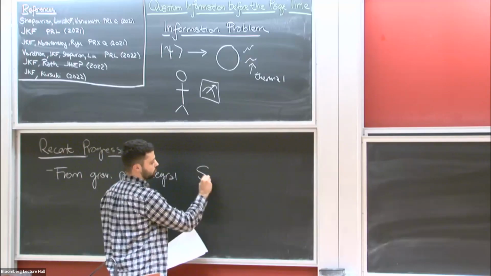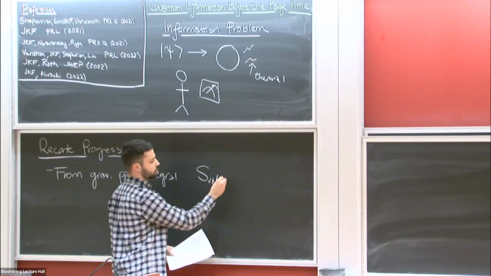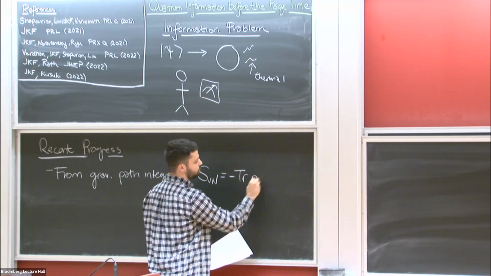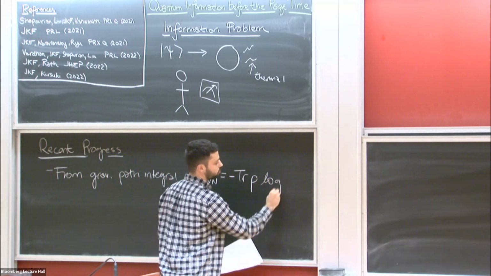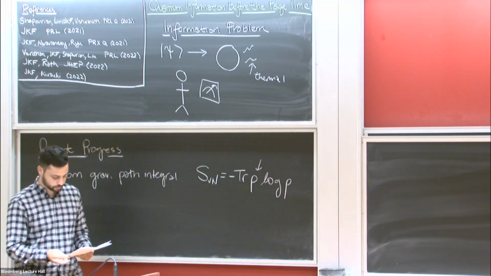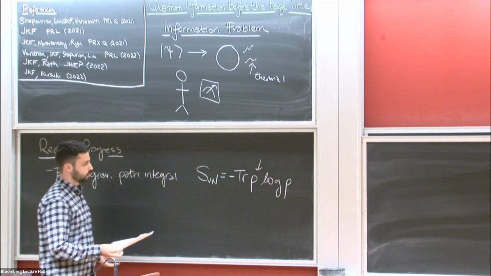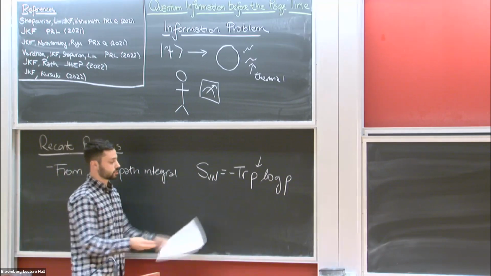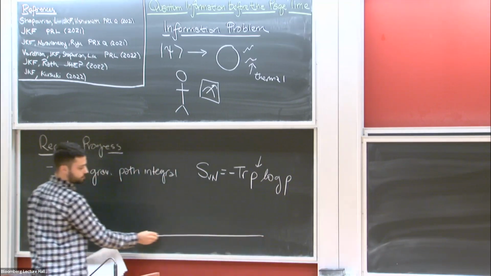Von Neumann entropy is defined as minus trace of rho log rho, where rho is the quantum state of the radiation. People have computed the Page curve, which is this entropy as a function of time.